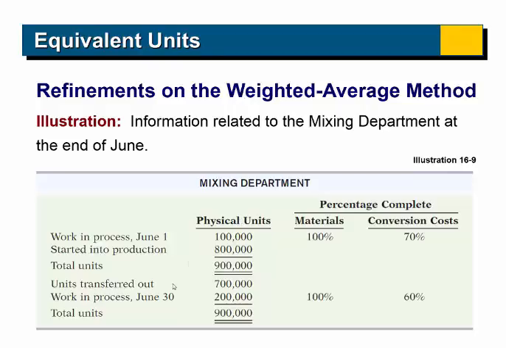units. Now we're going to take this a step further because, again, we've got to try to figure out what is the cost related to the number of waffles, the mix of them, that needs to be transferred on to the next department.